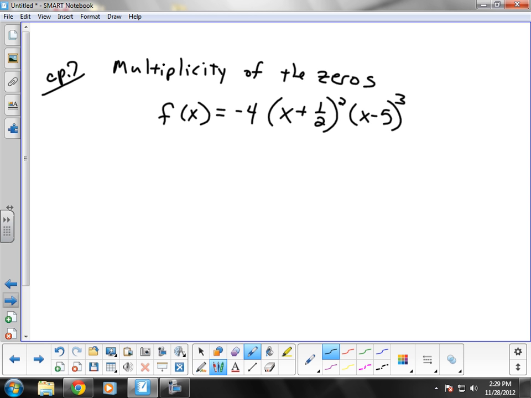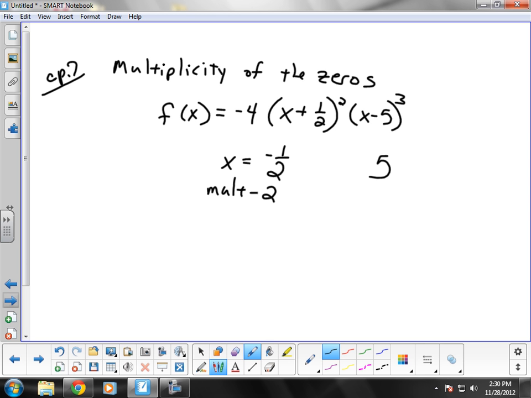Because I take each factor and set it equal to 0. So I'm going to have a 0 at -1/2, right? And I'm going to have a 0 at +5. Remember, it changes signs because I set it equal to 0 and solved for it. But at this 0, x equals -1/2, what's its multiplicity?